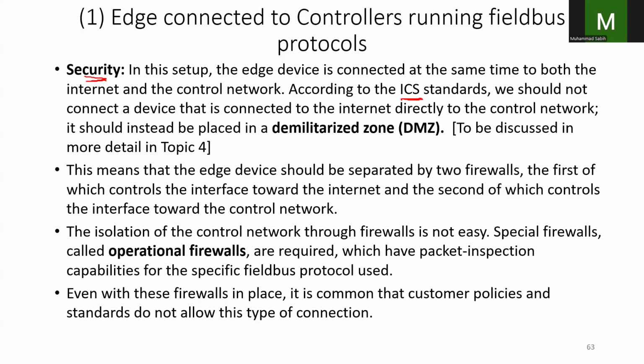Instead, the edge device should be placed in what is called a demilitarized zone, DMZ. We will go into more detail on this in the next topic. But the key idea is that the DMZ acts as a security buffer between the internal control systems and the outside world.